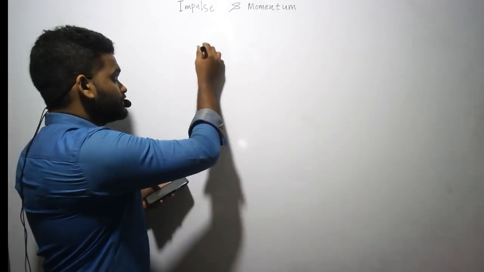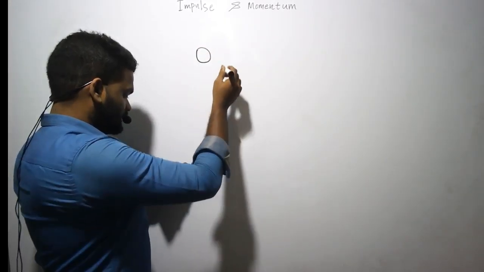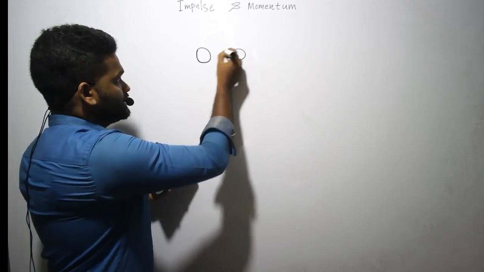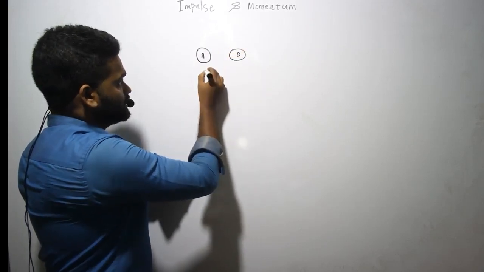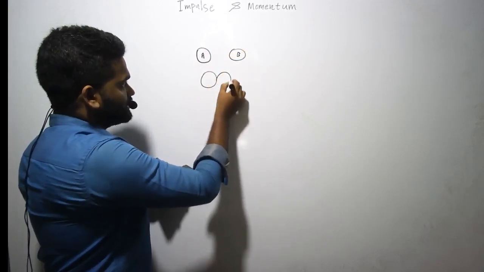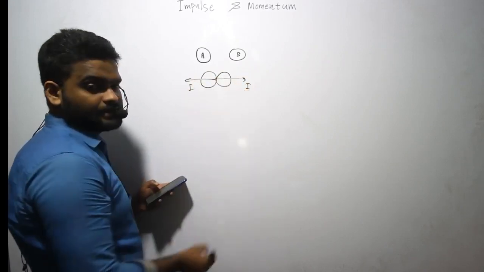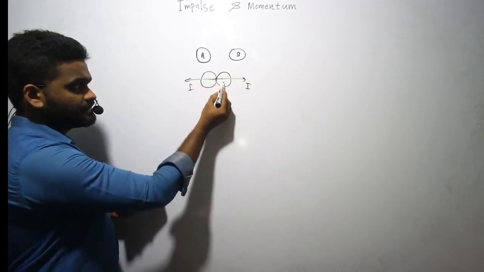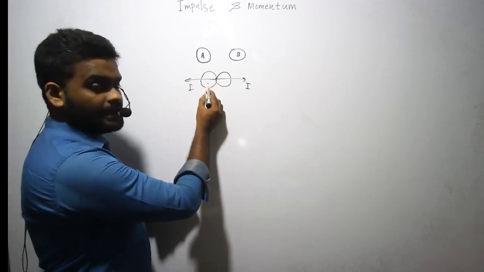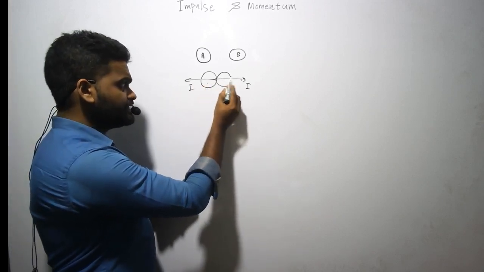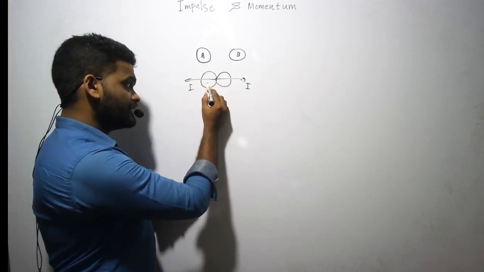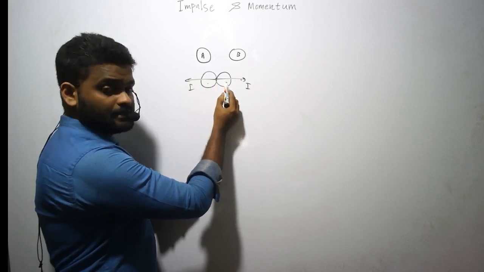So they say two objects collide, A and B. So when they collide, what happens? It causes an impulse here and an impulse here. So this impulse is by B on A. This impulse is created by A on B, right?